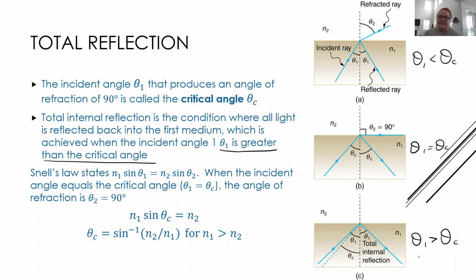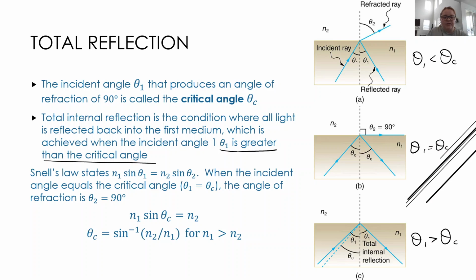And using Snell's law, we can look at what that critical angle is. So when the incident angle equals the critical angle, or theta 1 is equal to theta c, the angle of refraction is theta 2 is equal to 90. That's what we have here.